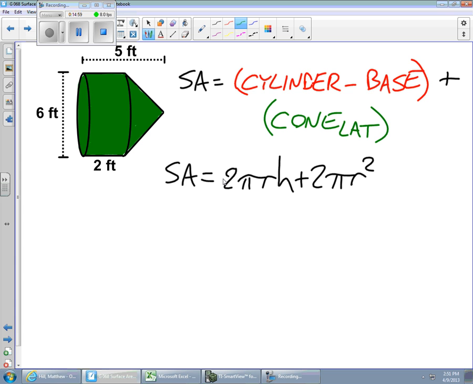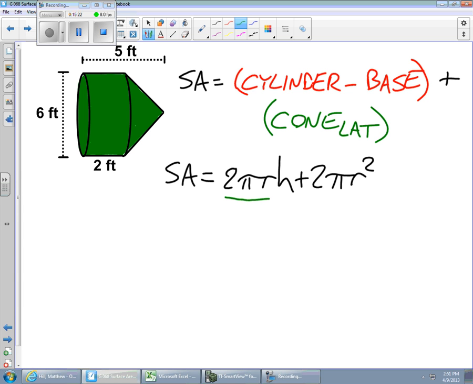Okay, 2 pi r right there. What is that? What does 2 pi r represent? What about the base? Not the area. Circumference. It's circumference, okay? That's one revolution around the perimeter of a circle, 2 pi r.